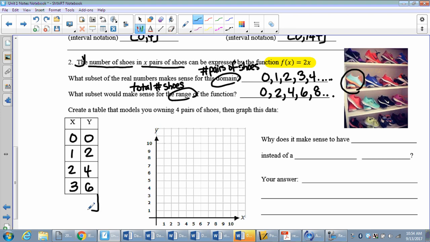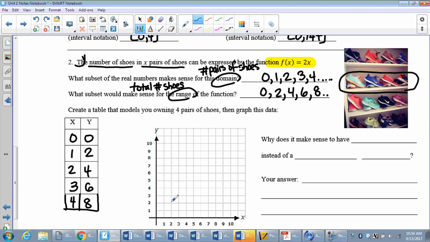And then I'm going to add a box because we were told to get down to 4 pairs of shoes, which makes 8 total number of shoes. So just to make sure we're all on the same page, between this shelf right here is 4 pairs of shoes. So that would be 1, 2, 3, 4, 5, 6, 7, 8. 8 shoes total.